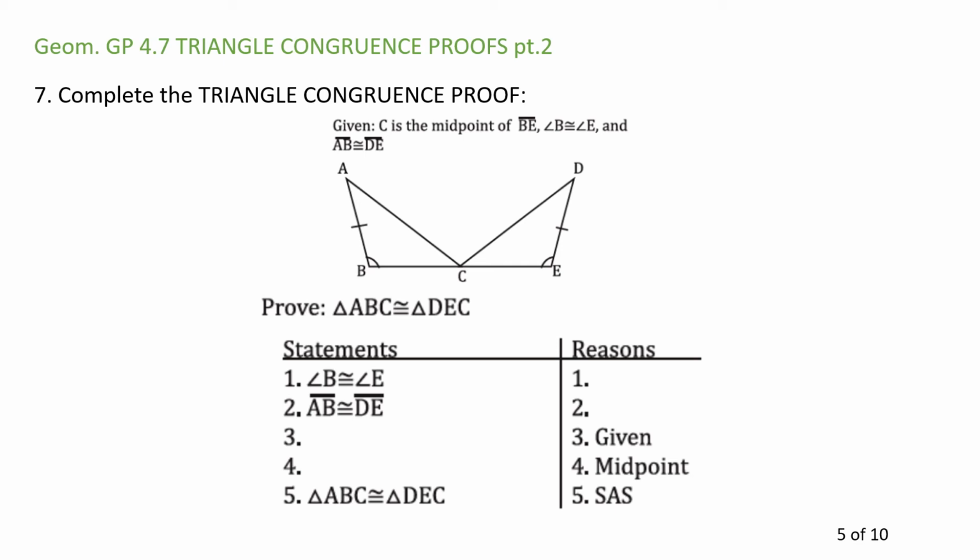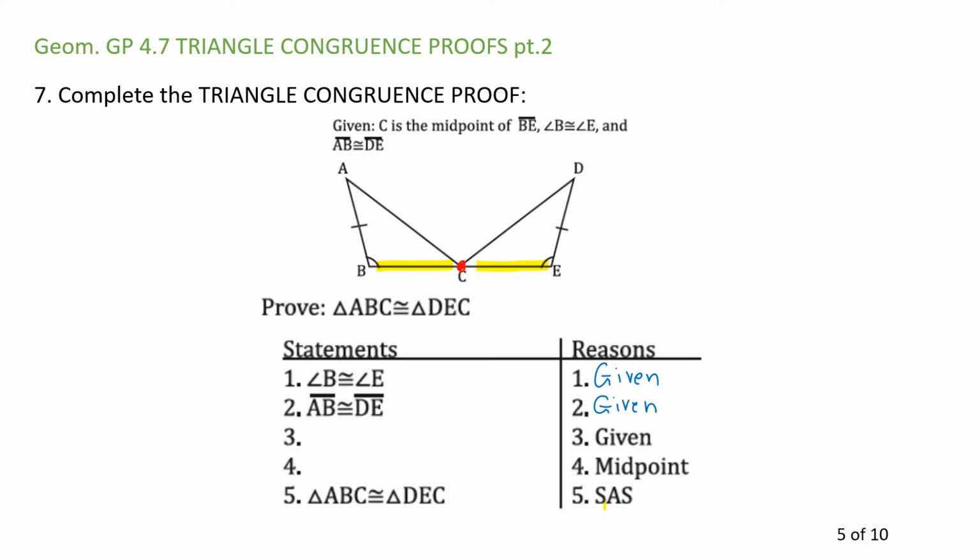All right, prove the triangles congruent. I have some sides and I have some angles. Somehow or another, I need to get another angle or another side. So what are they telling me? They're telling me that C is the midpoint. That means I know that this is congruent to that. So this is probably going to be side, angle, side. It is. All right, let's put some stuff in the information. Angle B, angle E, that was given. AB congruent to DE, that's on the diagram, that's also given.